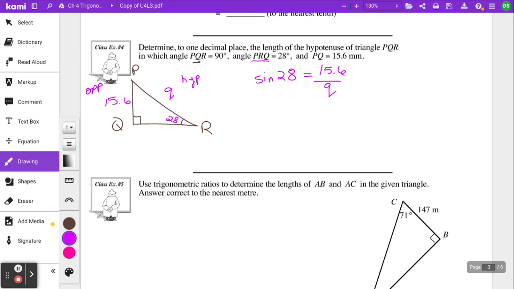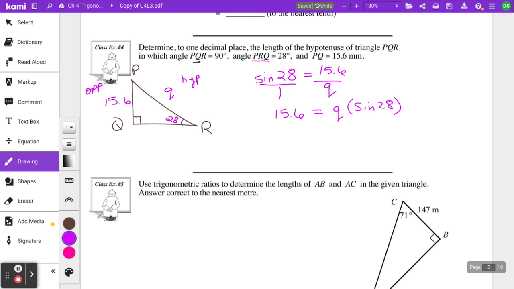Shucks, this one is not a quick calculator question. You'll have to do one extra step. We're going to cross multiply because we have two fractions being equal to each other. You will have 15.6 on one side, and on the other you will have q times sine of 28. So this requires one extra step.